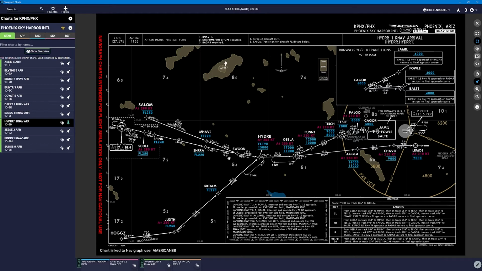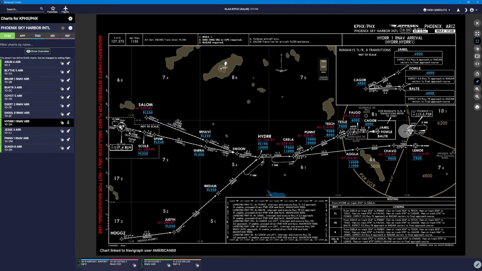The Hyder 1 arrival, by the way, here's Hyder right here. This is a waypoint. And then it continues on its way. And this is where it's going to be different. Let me just finish explaining this here. So here is BLH right here, the VOR BLH.